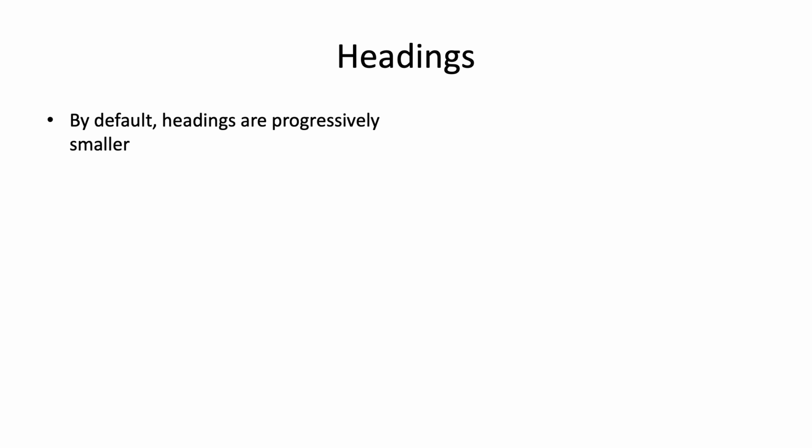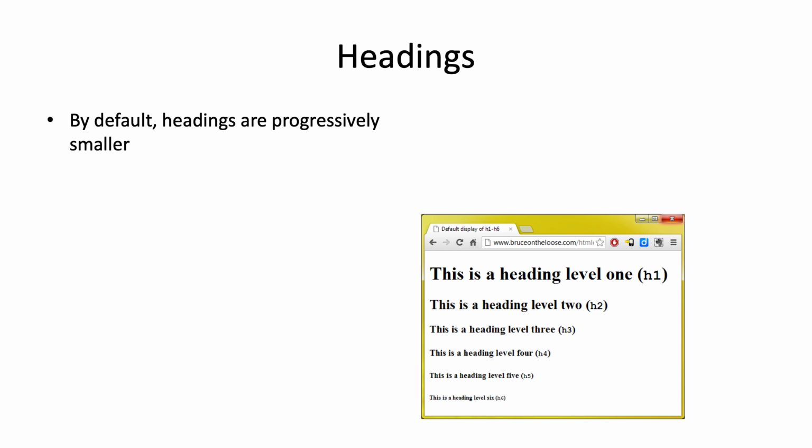By default, the headings are progressively smaller. So that means H2 is smaller than H1, and H3 is smaller than H2, and so on. This is visually to help us as humans see the different levels of heading. And one quite important thing is to choose the heading levels based on content hierarchy.